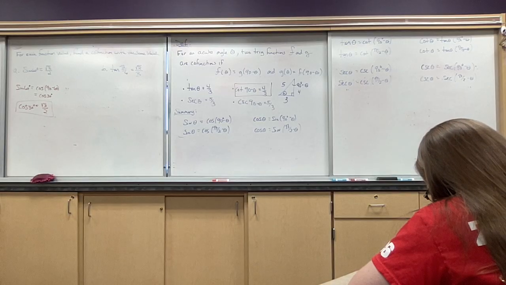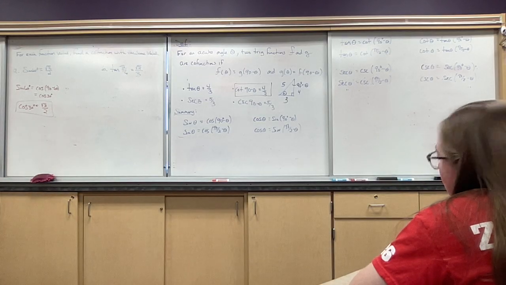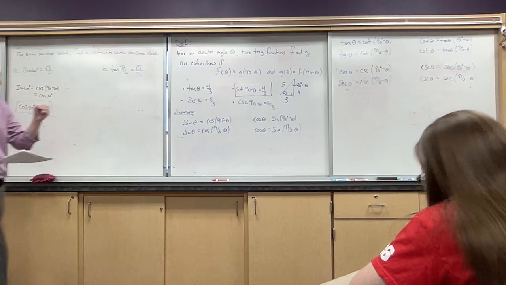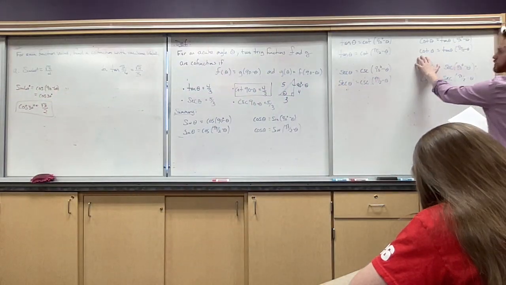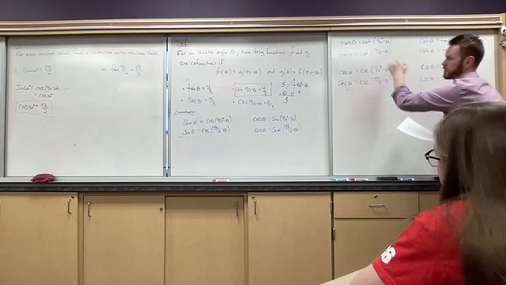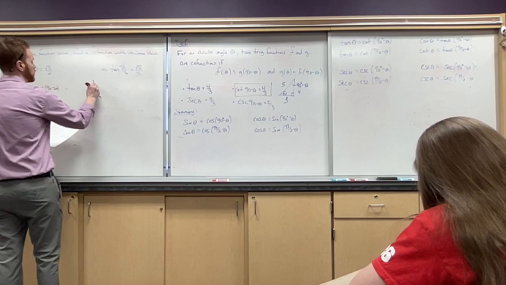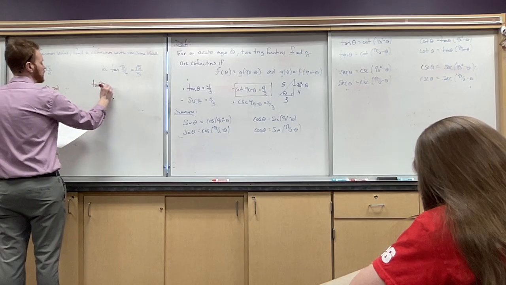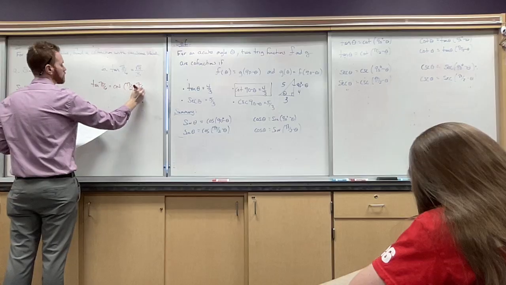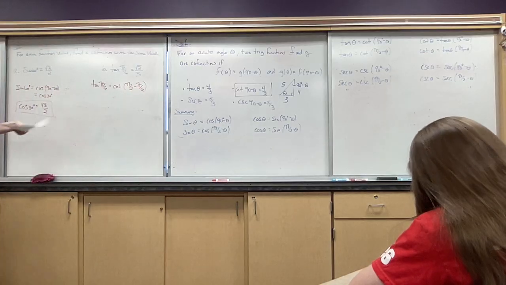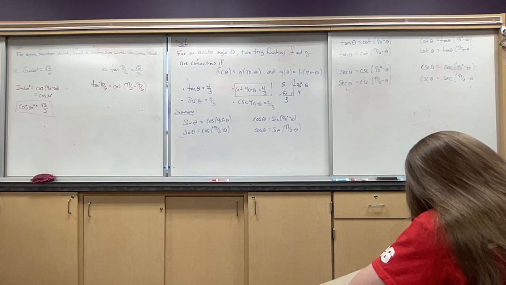Looking at tangent, pi over 6. I'm going to do the same thing, I'm going to use the cofunction identity. So cotangent is what we're going to be using. So tangent of pi over 6 is the same thing as cotangent of pi over 2 minus pi over 6. So instead of using 90 minus, I'm using the radian measure, pi over 2 minus pi over 6.